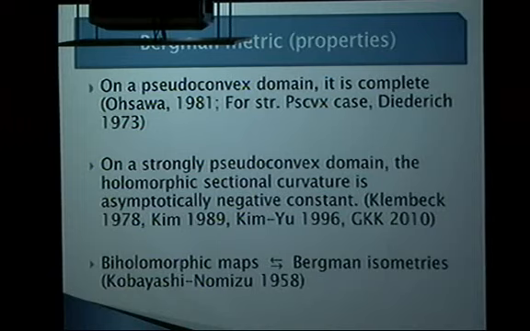That was Professor Nomizu. Professor Nomizu said that they proved this theorem in a much more general context, not just strongly pseudoconvex domains, in 1958. I was born one year before then. So I told Professor Nomizu politely that I was too young to understand it at the time. Anyhow, this was an old theorem by Kobayashi and Nomizu.